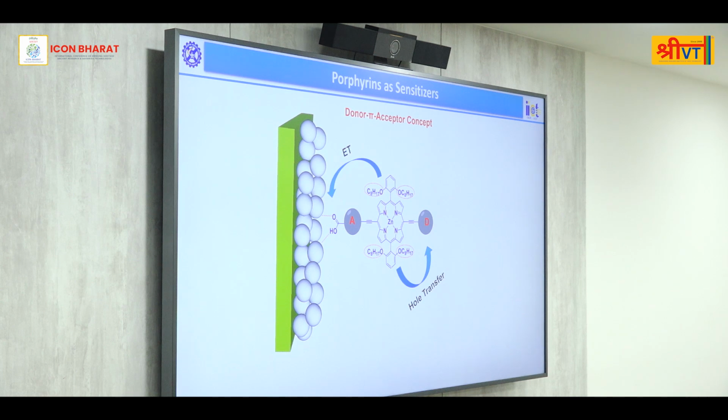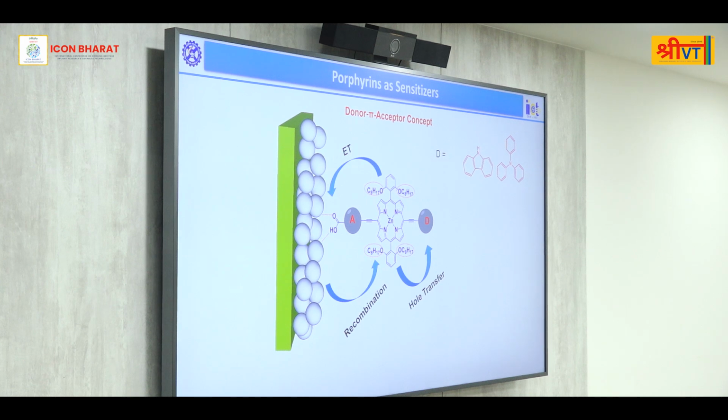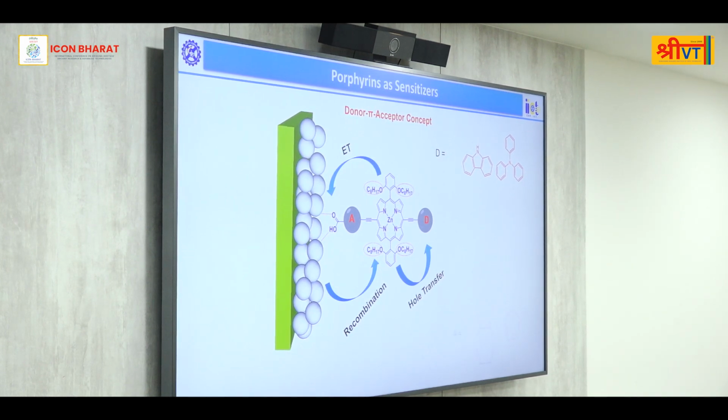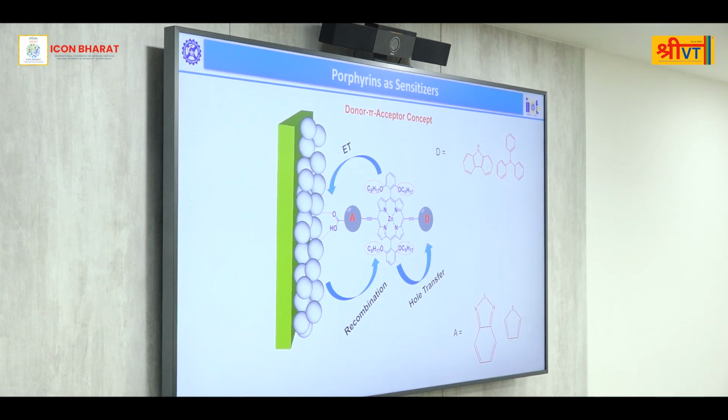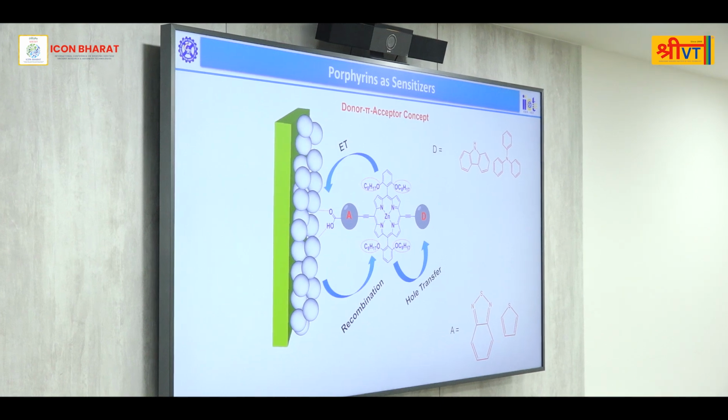Then we can expect a long-lived charge-separated species. So what we have done is that the donor is nothing but a simple triphenylamine or carbazole related molecule, and we introduce thiophene as the acceptor group. So this is the concept we designed.